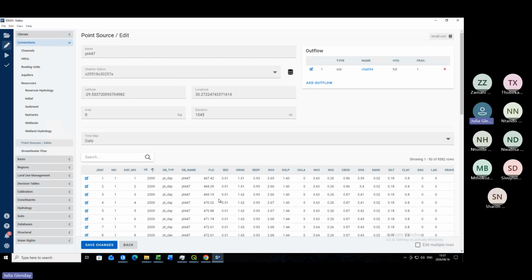For that point, I have the point source flow in cubic meters per day. I have a sediment concentration, organic nitrogen, sediment phosphorus, and soluble phosphorus, nitrates, ammonia, nitrites, oxygen demand, dissolved oxygen, and then the sediment is broken up into percent sand, silt, and clay.